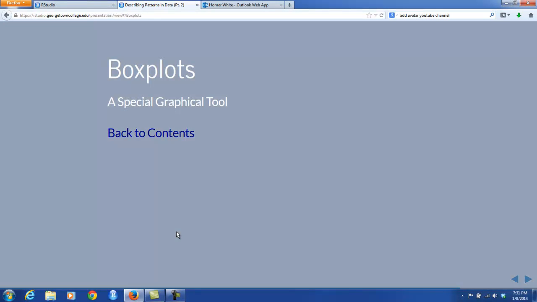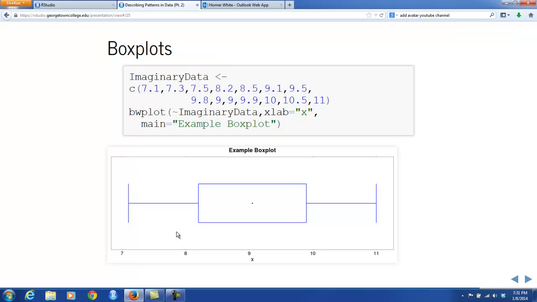Now our third graphical tool is the box plot. Let's start off with just a small imaginary data set. We've got just a few numbers here that have been stuck together in a list with the c function, and they range from about 7 to about 11. We've stored them in an object we call imaginary data.